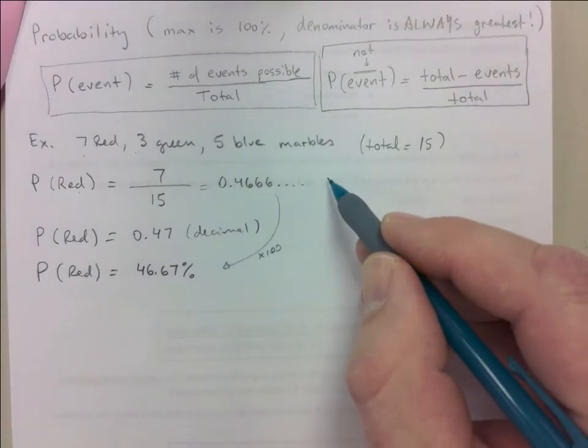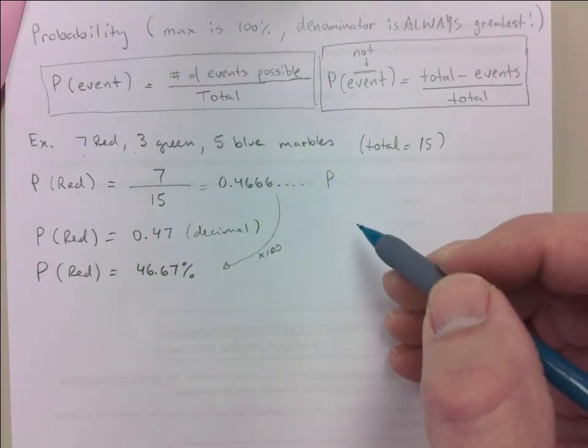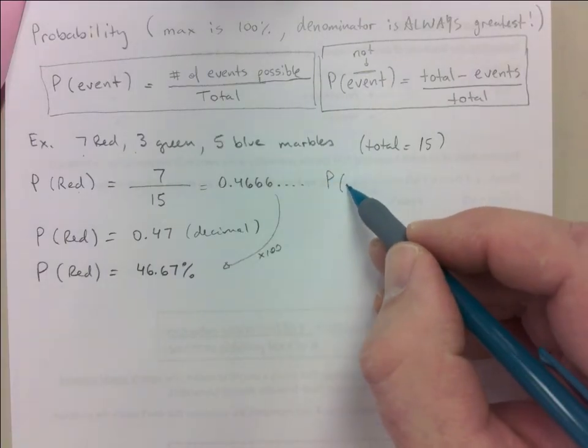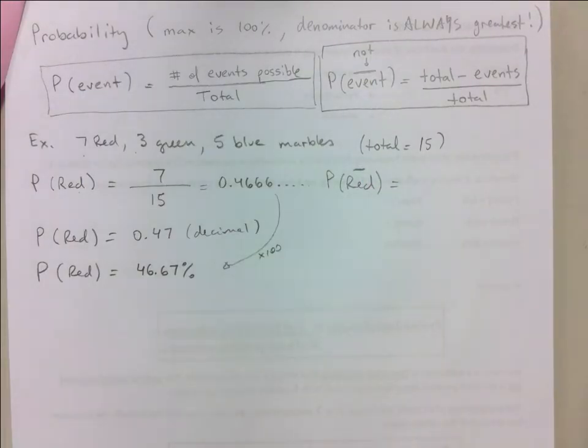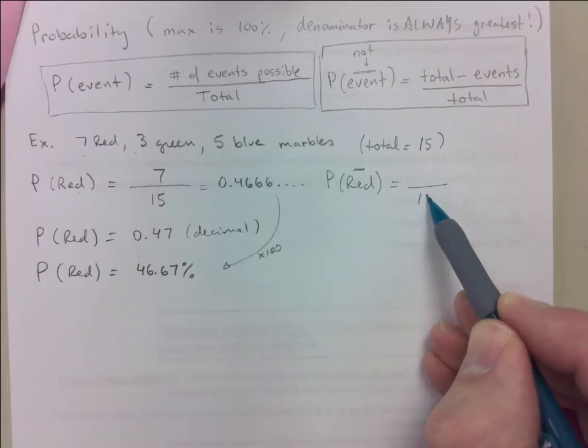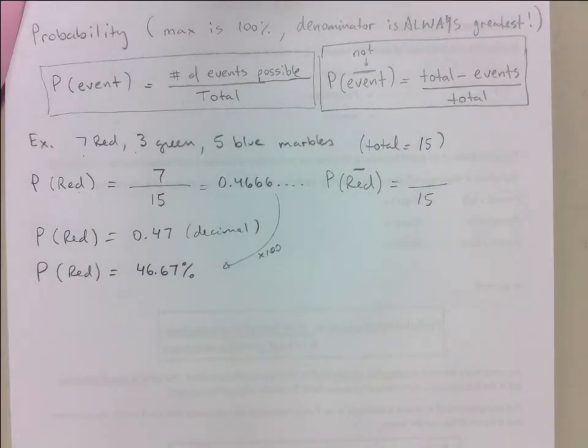At the same time, what if I asked you, what's the probability against picking a red one? Guess what? We're still talking about the same universal, 15. Against red, how many do we have that are not red?